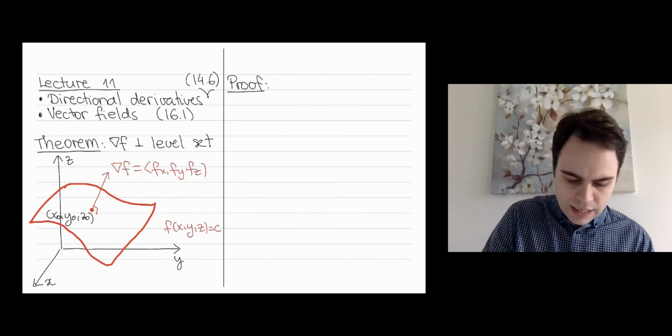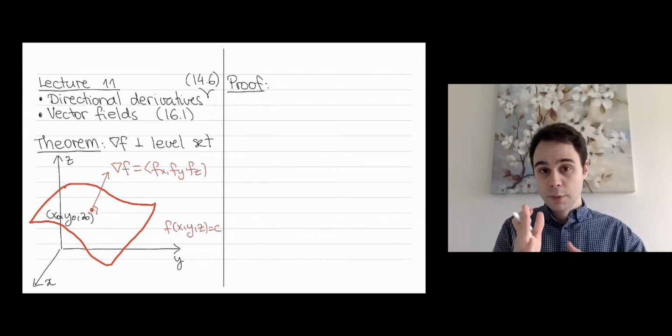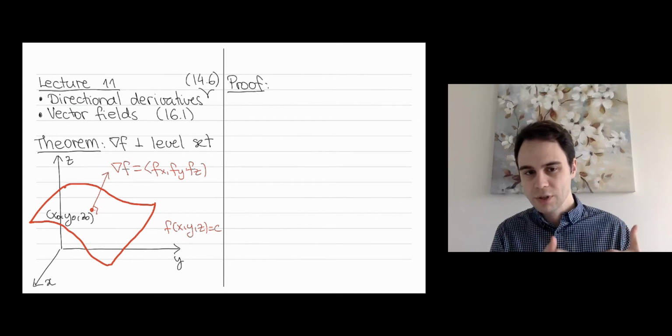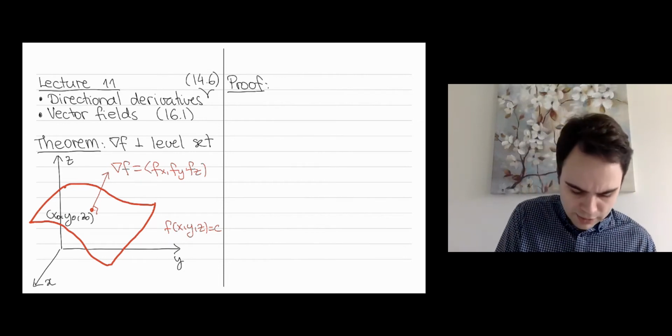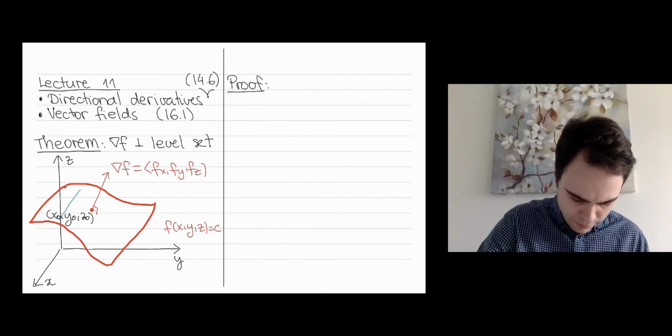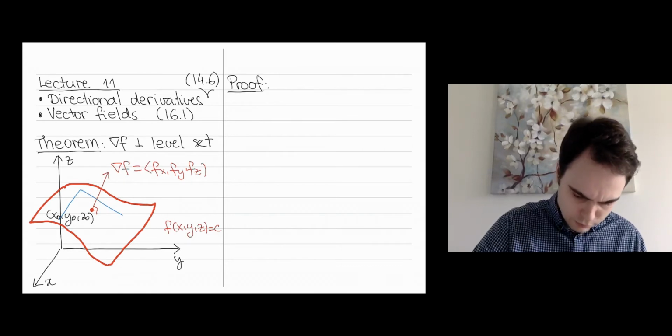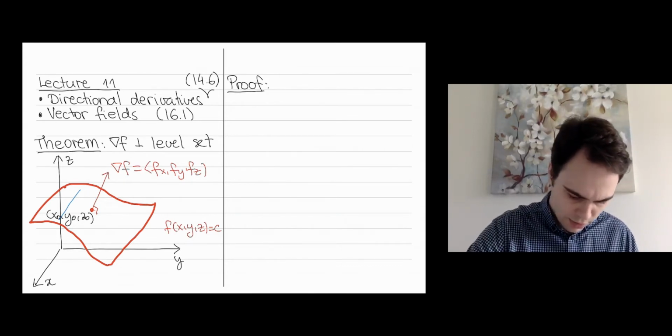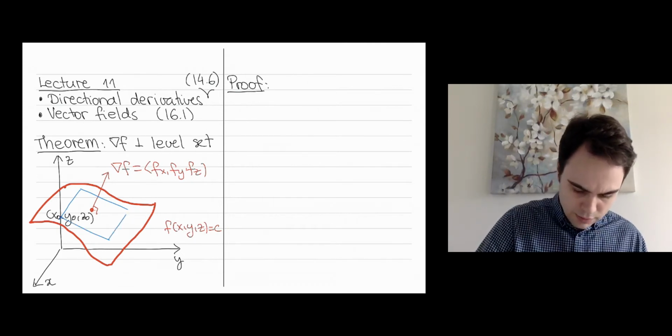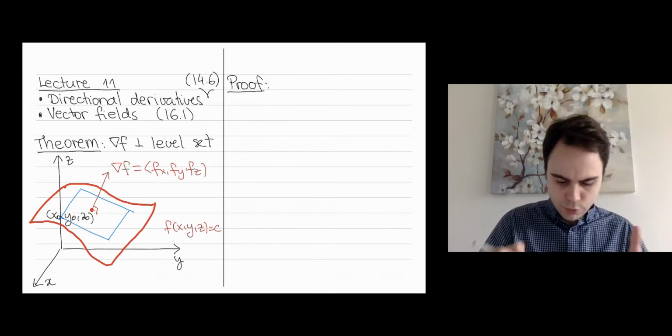The answer is that when I say the vector is perpendicular to the surface at a point of the surface, I really mean that the vector is perpendicular to the tangent plane of the surface at that point. So let me draw something here that looks like the tangent plane of the surface at that point. Okay, so there you have in blue the tangent plane.